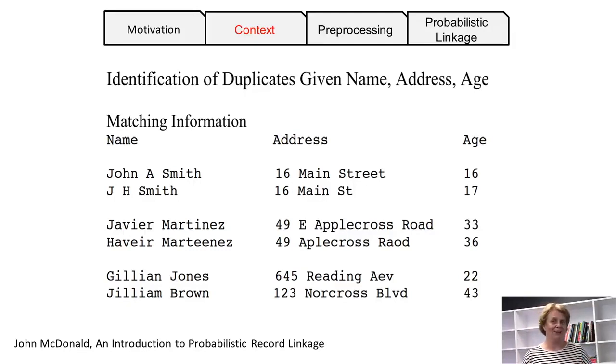Well, Javier, and the way in which it's spelled, that could be someone's misspelling. Martinez and Martinez, you could see how someone might misspell that. So I think mentally, human beings might make some correction for that. And then you see East Applecross and Applecross spelt with 2 P's and 1 P. Again, someone might say that could be just a typographical error.